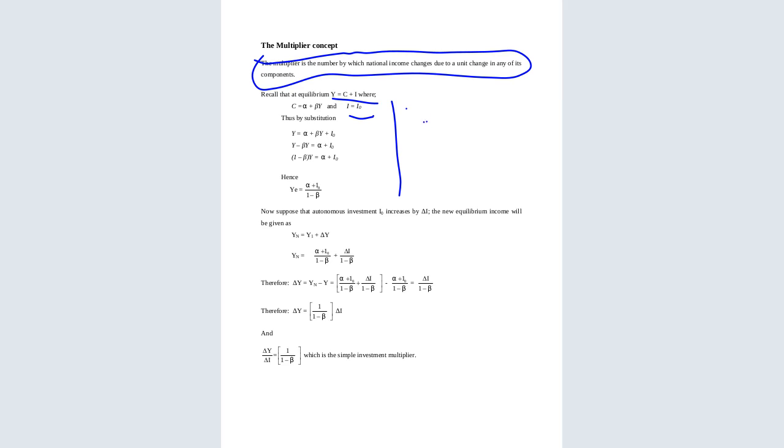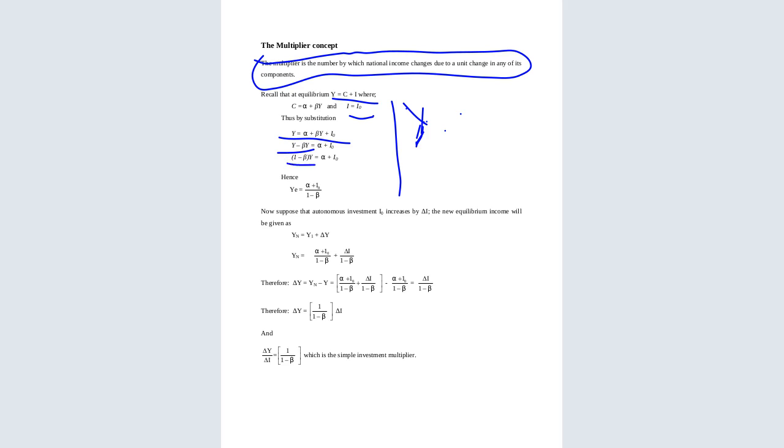The equilibrium national income is simply given by consumption plus investment, which you have here. The first part is consumption plus investment. So you can factor out Y there, and what you get is the equilibrium national income.